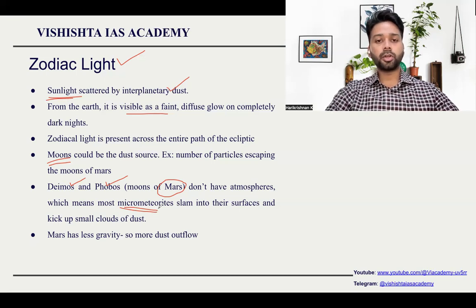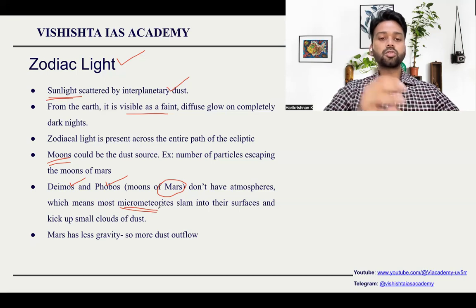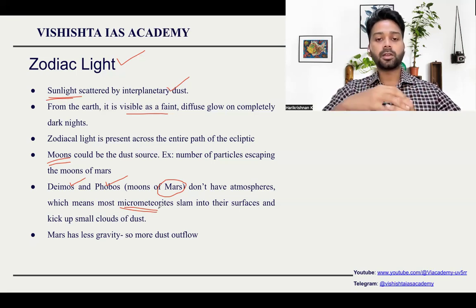The most important point is that even the atmospheres of Deimos and Phobos are not very strong, so it becomes very difficult for such moon surfaces to hold the particles. So the basic idea is, Mars has two moons, Deimos and Phobos.